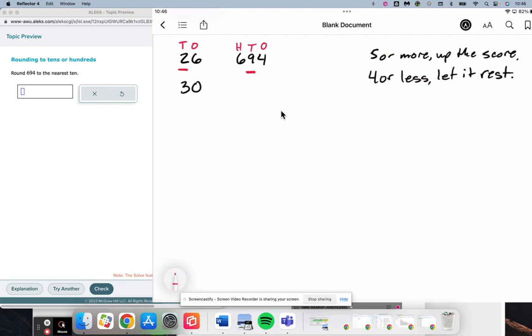The answer is no, it is 4 or less, so we let it rest, which means that we leave the 9 alone. We do not increase it to be a 10, which would then turn the 6 into a 7, but we're not going to go there. So that number behind the 9 is 4 or less, so we leave the 9 alone. 690.